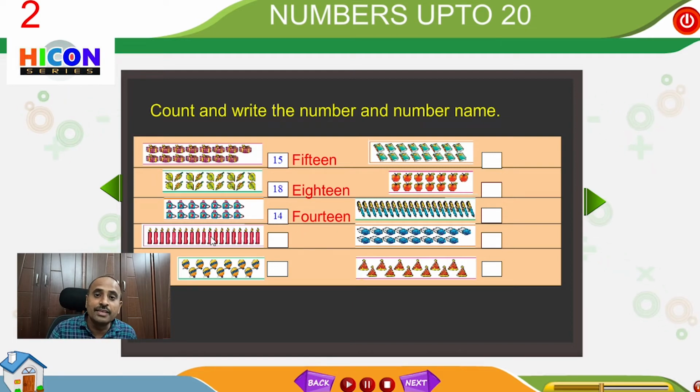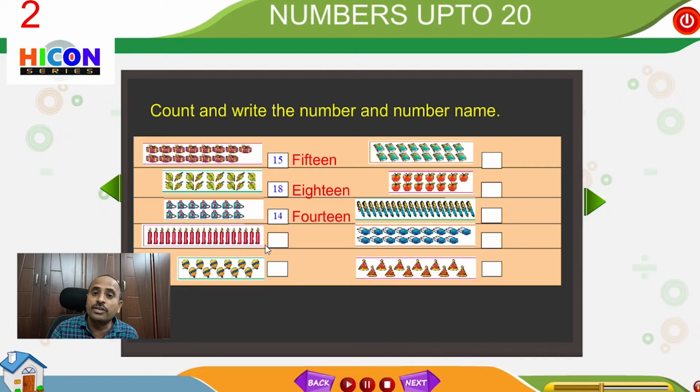And so see the next set of pictures. In the next set, you are observing some candles. So let us count the number of candles in the picture. 1, 2, 3, 4, 5, 6, 7, 8, 9, 10, 11, 12, 13, 14, 15, 16, 17, 18, 19.